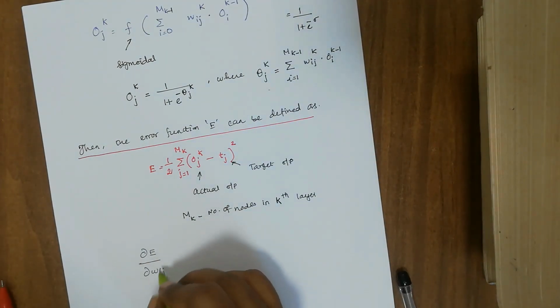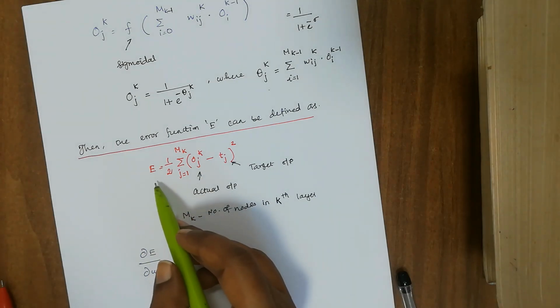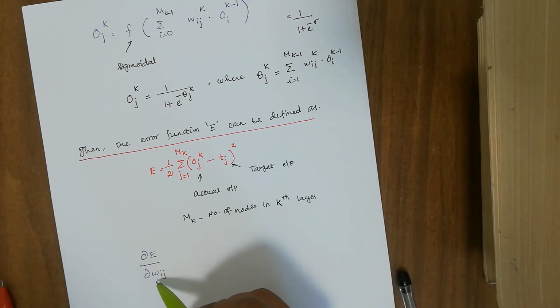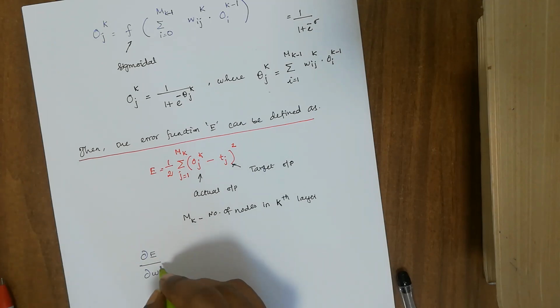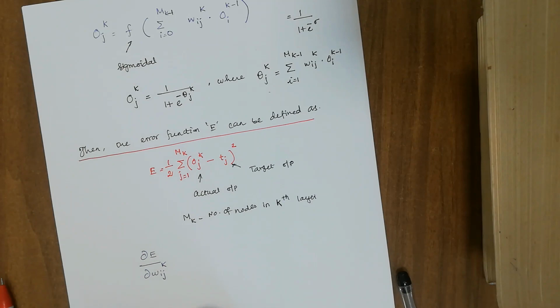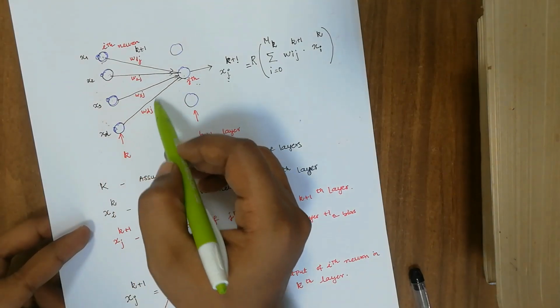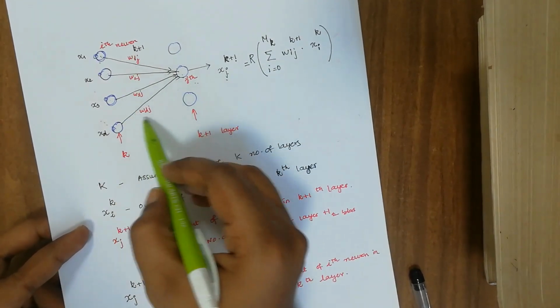So what we are supposed to do is take this error function and take a partial derivative with respect to the weight vector wij. But wij is the weight vector between what? For this weight updation rule, we have to update these weights first.